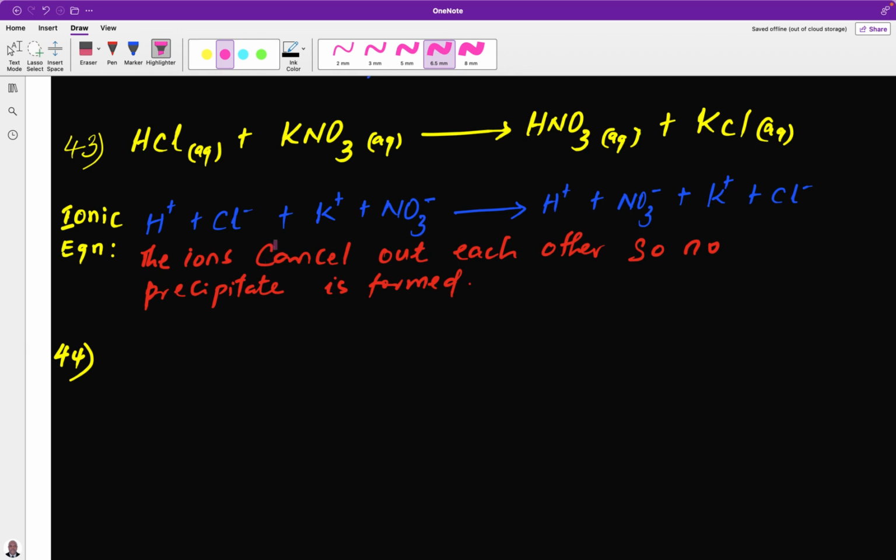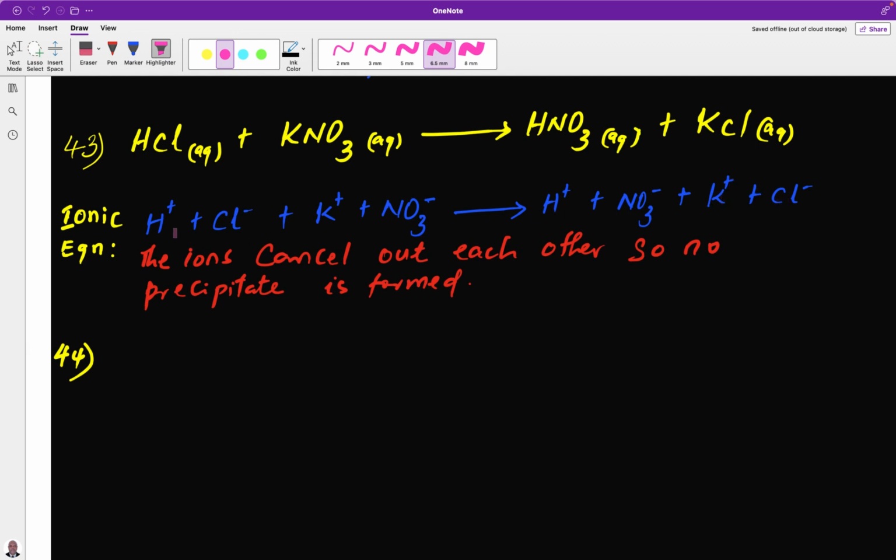Why I say no precipitate is formed here is because when they dissociate, we will have hydrogen ion plus chloride ion, and potassium ion and nitrate ion. When the other ones dissociate, we have hydrogen ion and nitrate ion, and potassium ion and chloride ion.